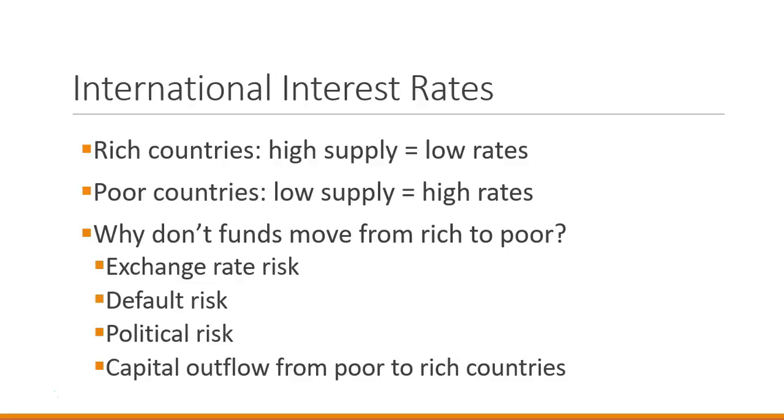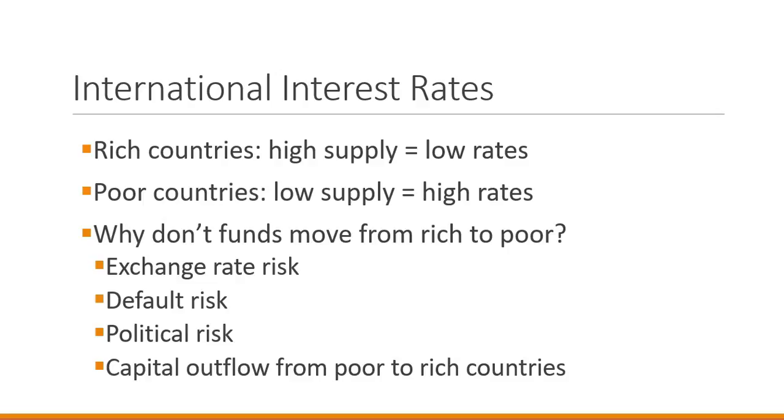And an interesting factor that is a reality in the global economy today is, despite the high returns in poor countries relative to those in rich countries, often people with money in poor countries actually move their money out of their country, where they're familiar with the system, where they already have funds available in that domestic currency.